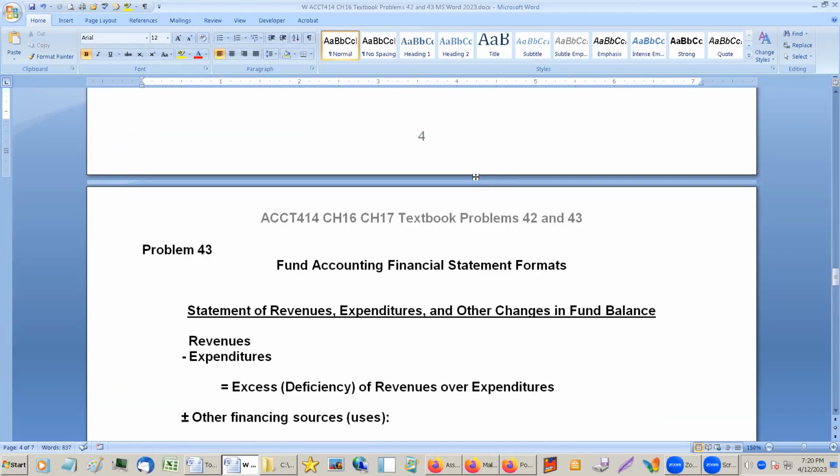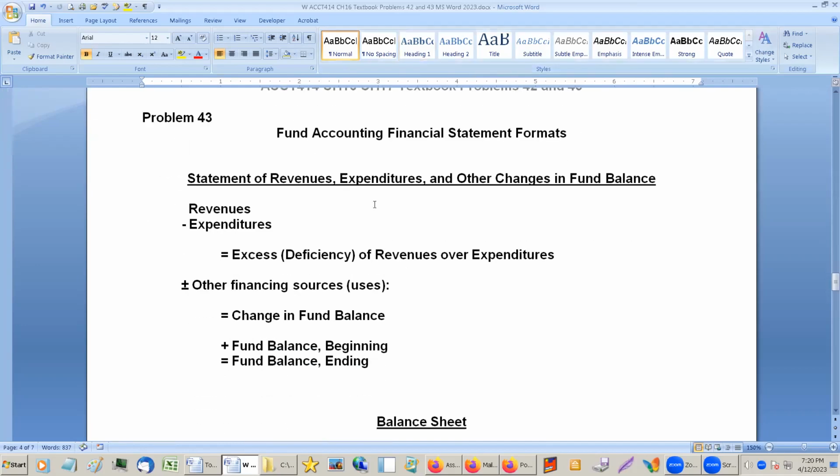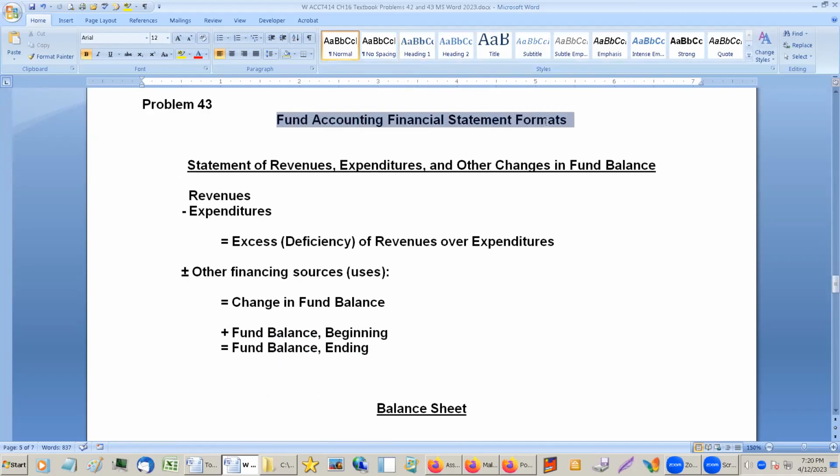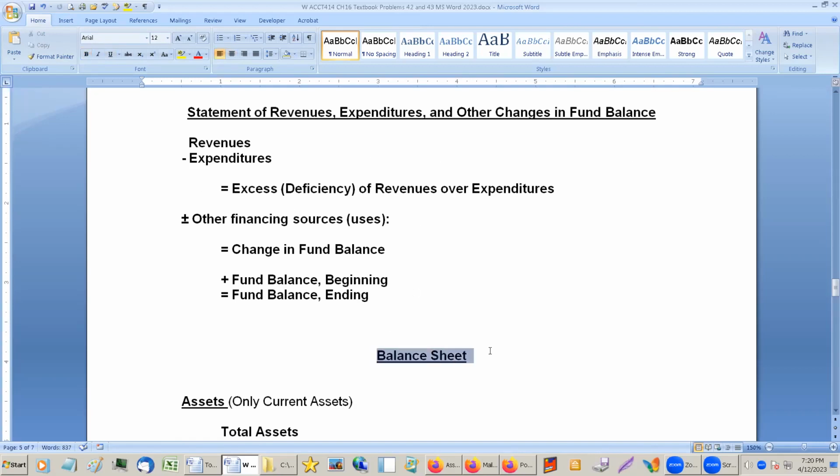All right, so fund accounting financial statement format. So we basically have 2 types of financial statements. One is the balance sheet, which is a little bit different than what we're used to, but I'll show you what that is.